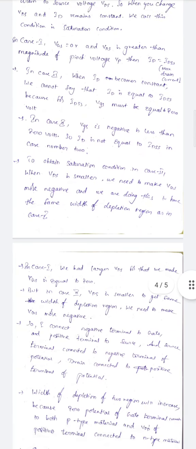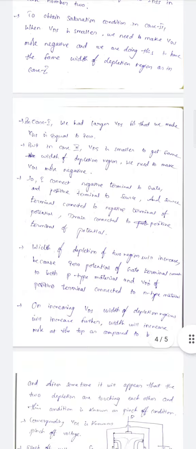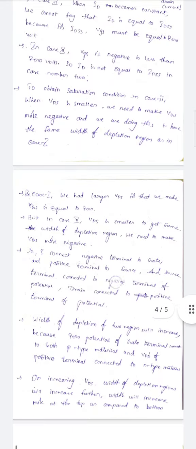To obtain the saturation condition in case 2, when VDS is smaller, we need to make VGS more negative. We are doing this to have the same width of the depletion layer as in case 1.